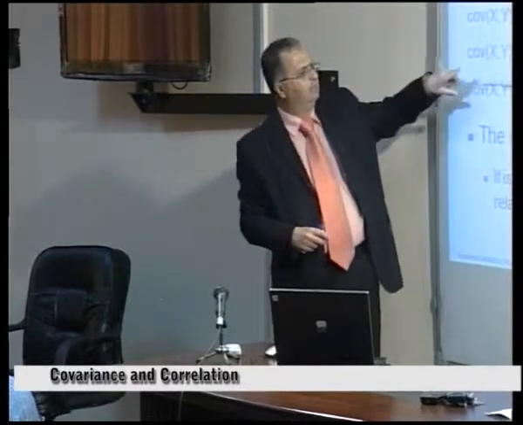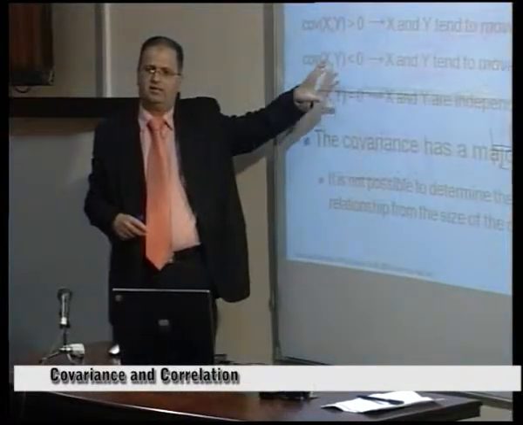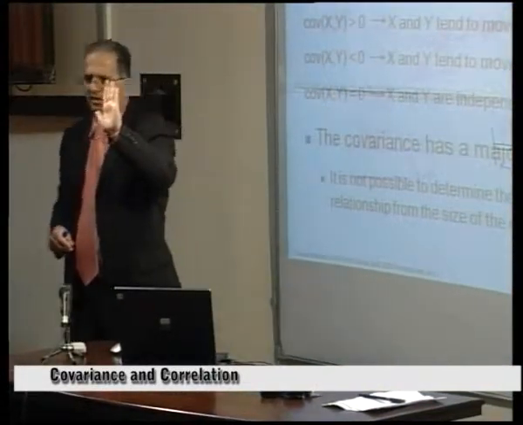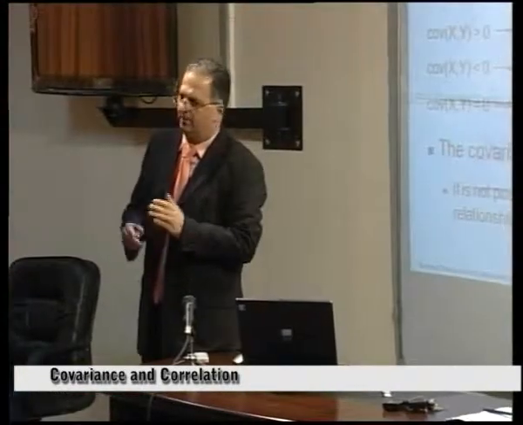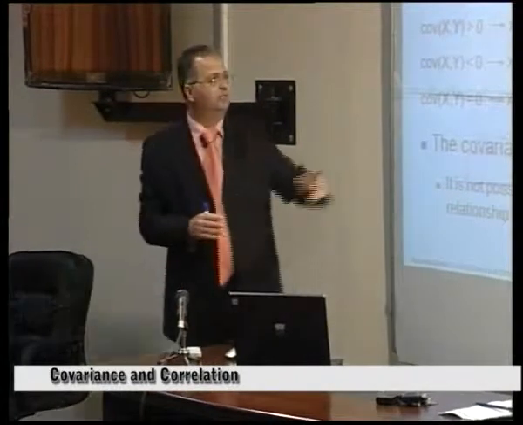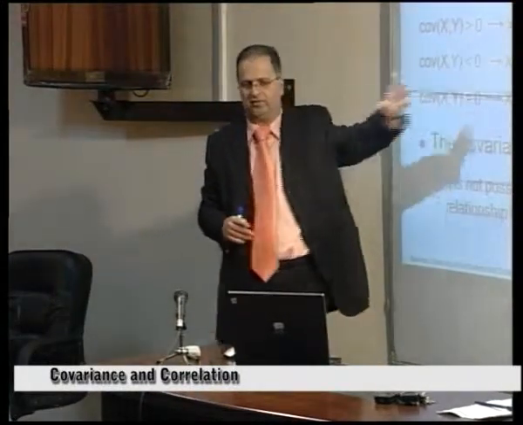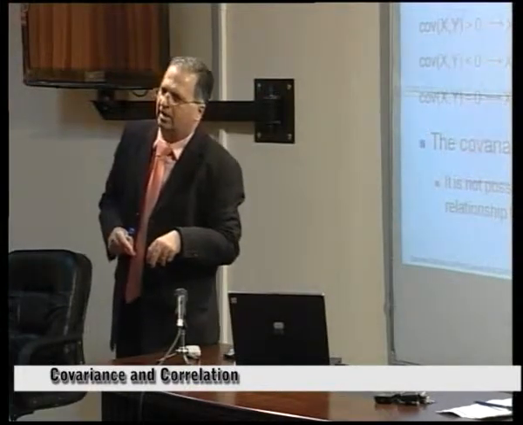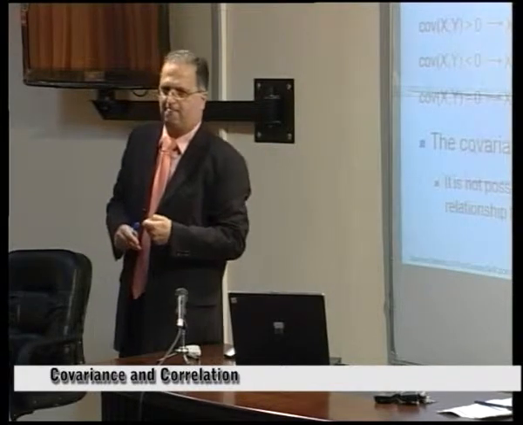On the other hand, if the covariance between x and y is negative, that means when x goes up, y will go in the opposite direction. They move in opposite directions, so there is a negative relationship between x and y. For example, your score in statistics and the number of missed classes.